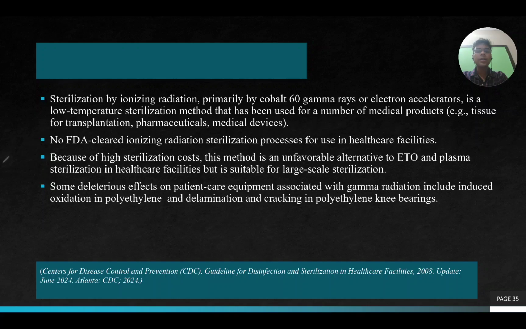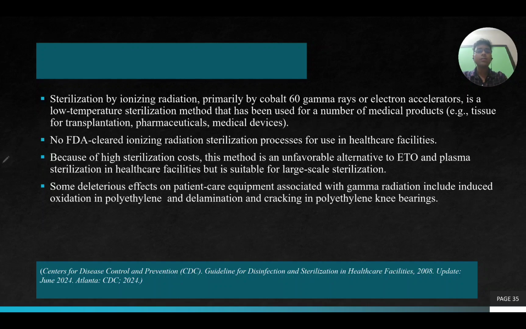There is no FDA cleared ionizing radiation sterilization process for use in the healthcare facilities. Because of high sterilization cost, this method is an unfavorable alternative to ETO and plasma sterilization in healthcare facilities, but is suitable for large-scale sterilization.